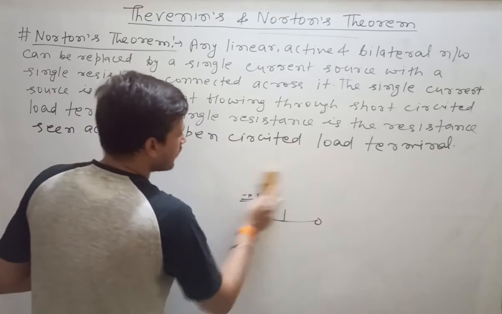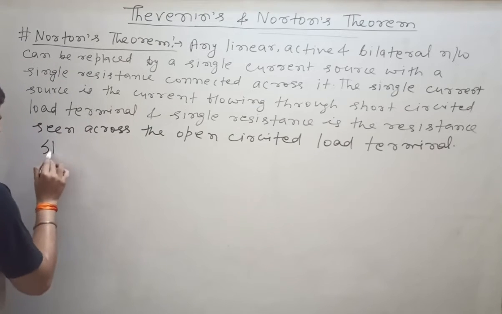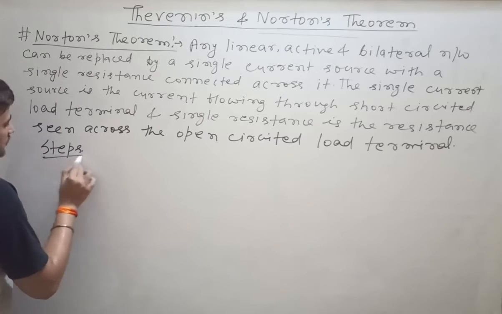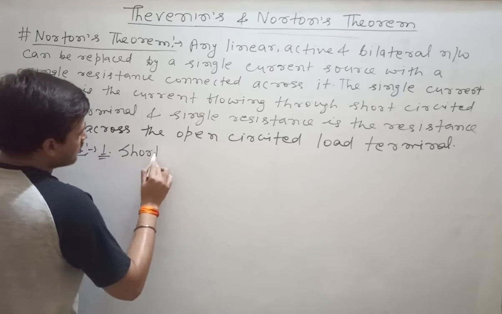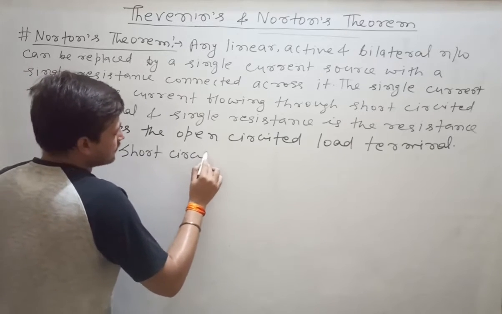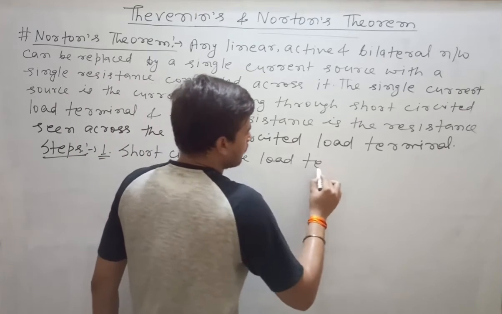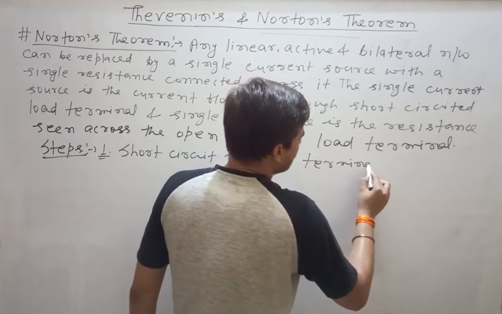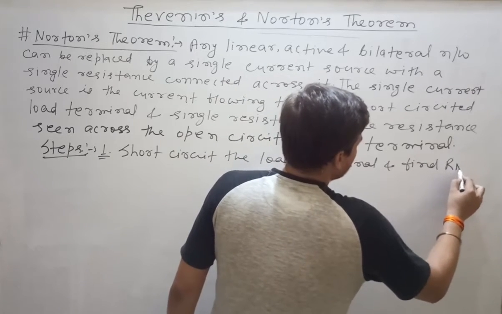So when I write the steps, first step is short circuit the load terminal and find Rn.